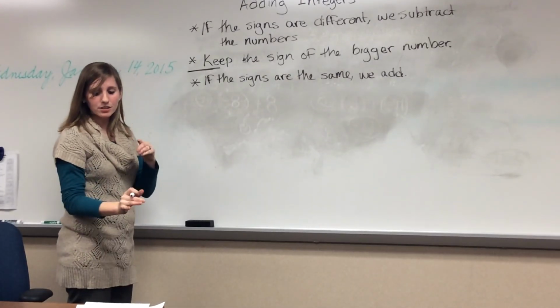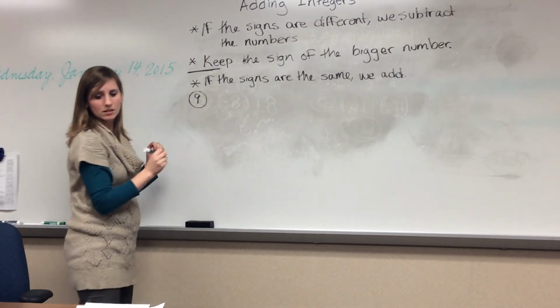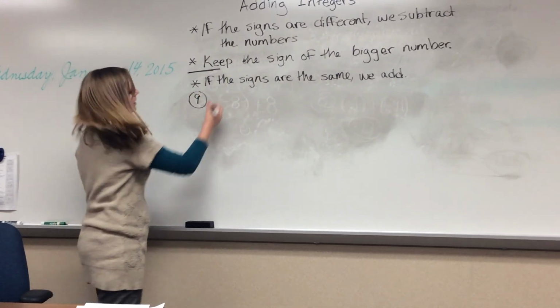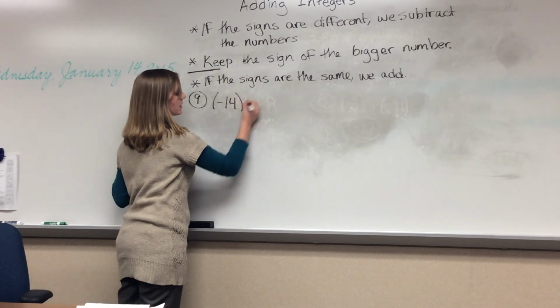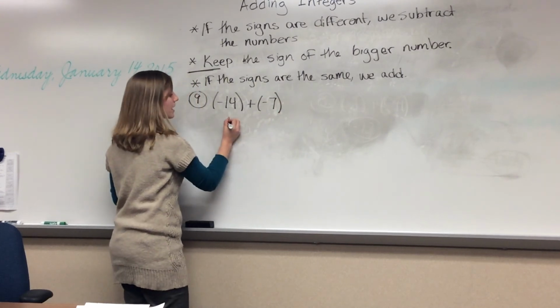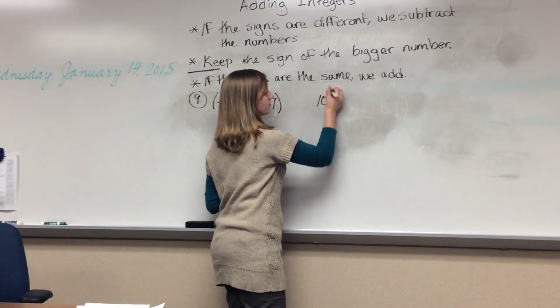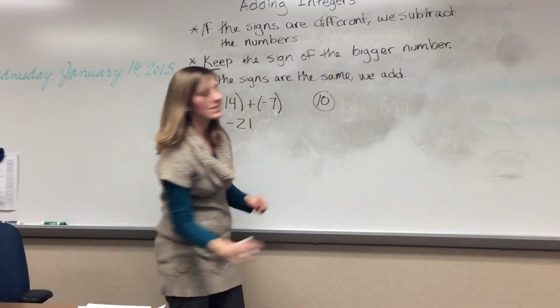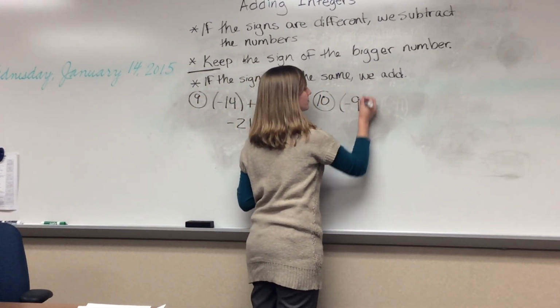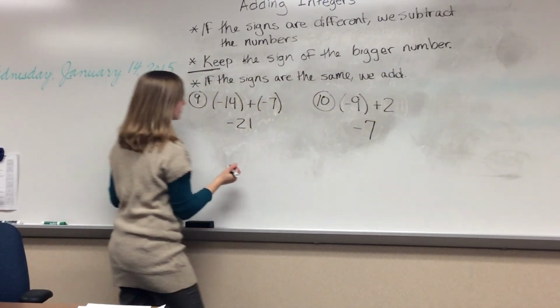So, the answers for the problems at the bottom. Number 9, you were supposed to take negative 14 plus negative 7. Your answer should have been negative 21. For number 10, the problem is negative 9 plus 2. Your answer should be negative 7.